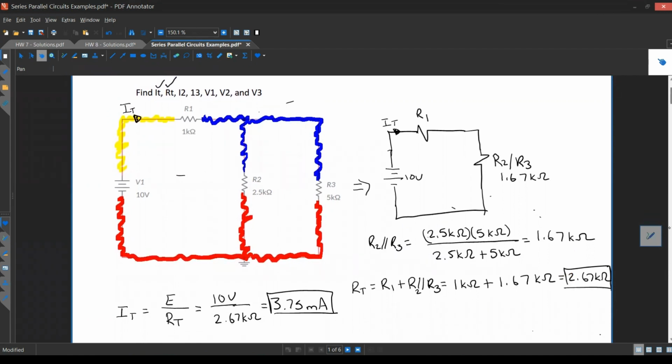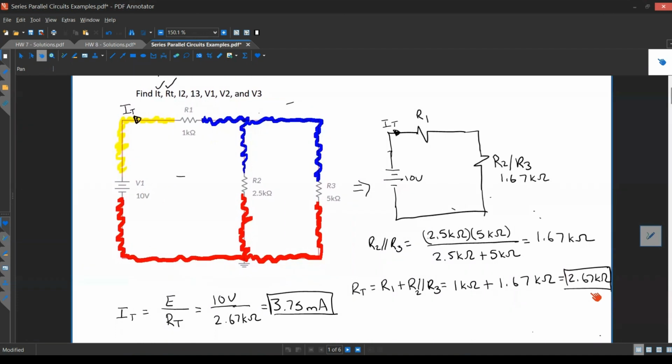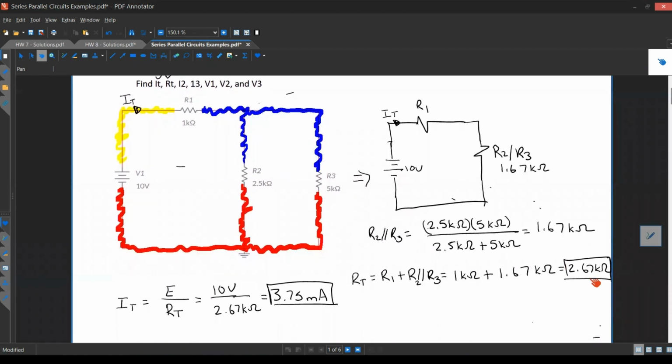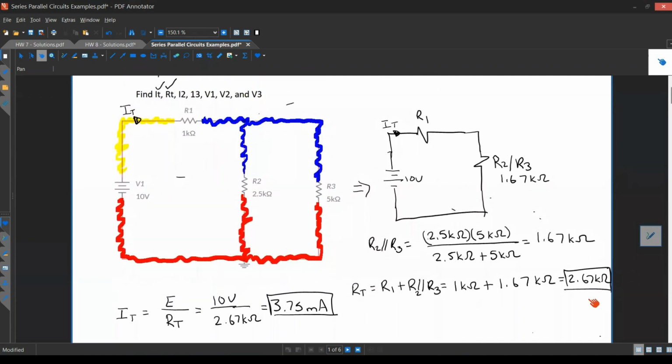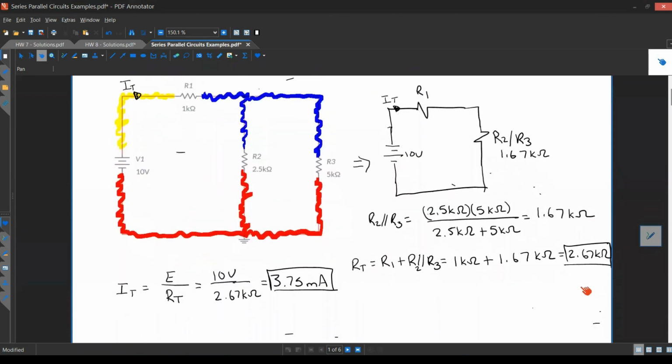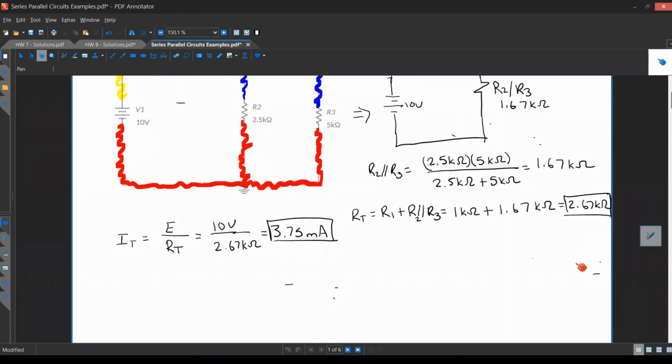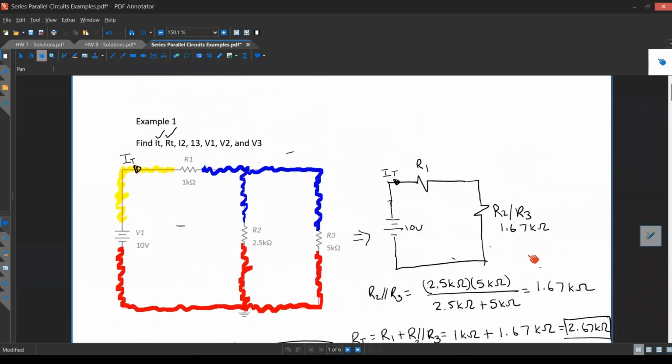All right, so what we can do here is to find the current in each branch. What we could do is a current divider. And the reason why we can do a current divider is because we know the current that's flowing in this direction.